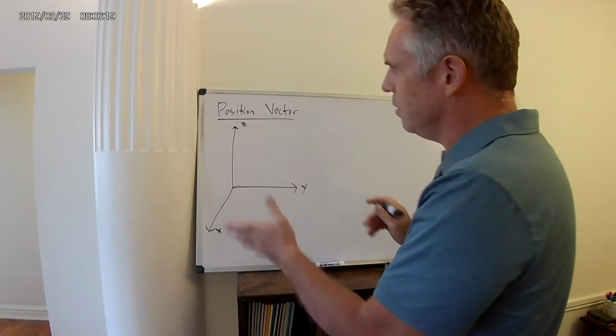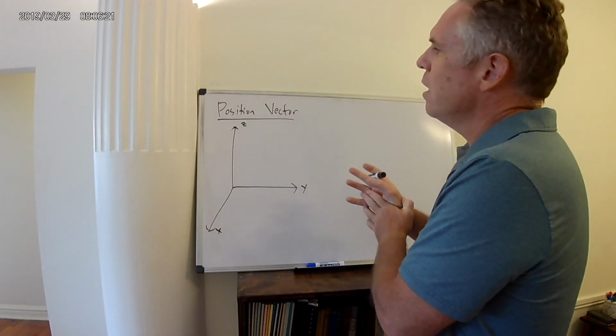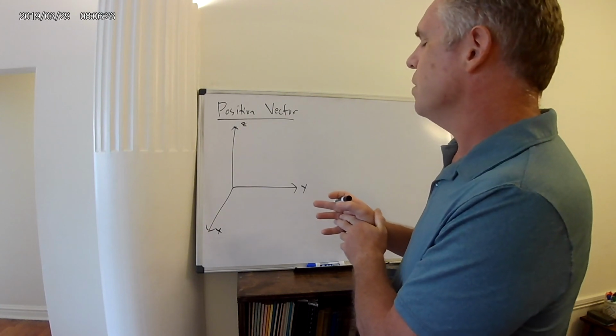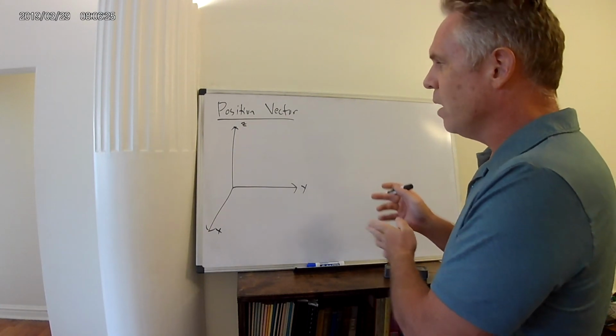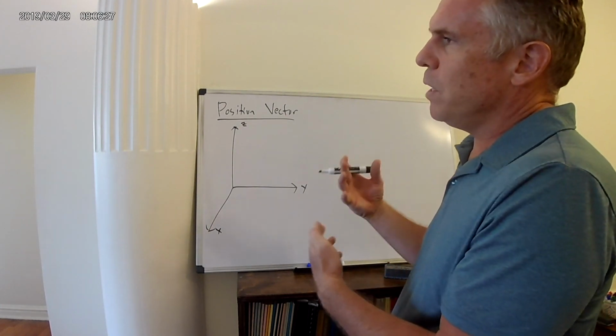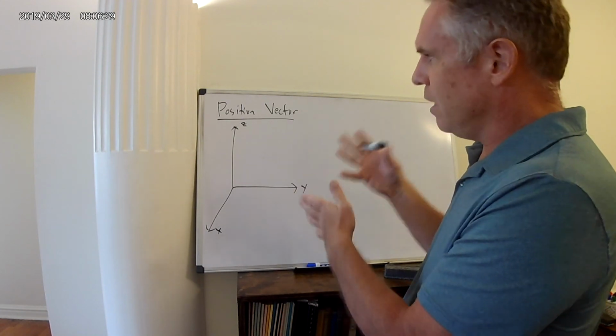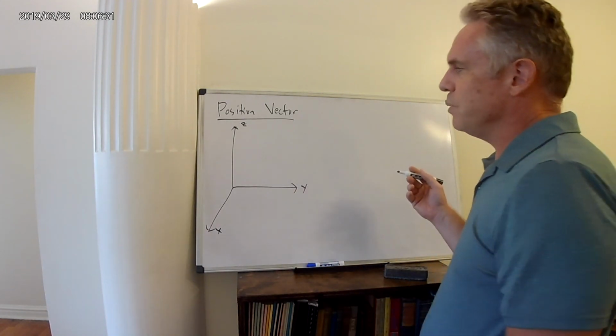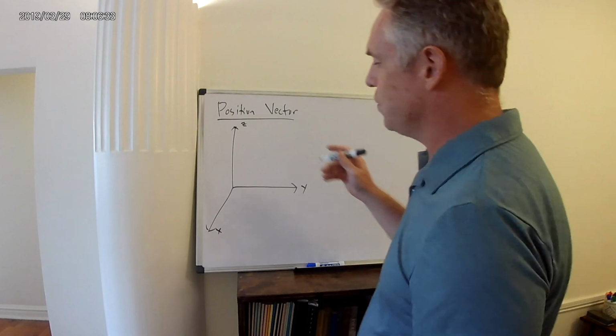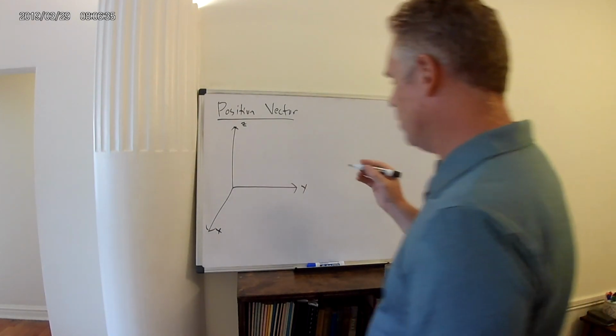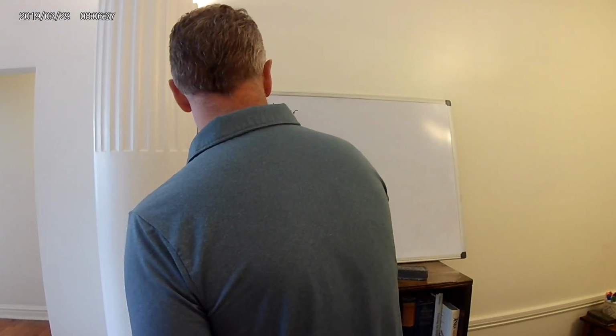I told you guys you can take a vector and you can move it around. It's the same vector as long as you keep the direction and the length the same. But there are different representations of a given vector. And one particular representation is if you move a given vector so that its tail lies at the origin. That's called the position vector.